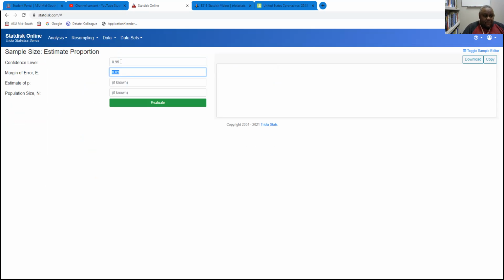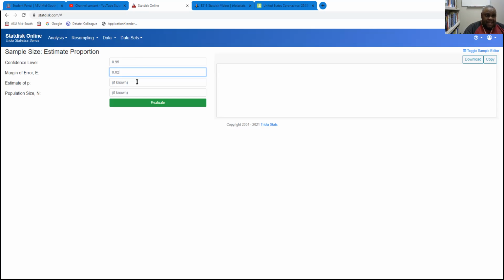And then for the margin of error, it says 2 percentage points. Think about this: 2% as a decimal would be 2 divided by 100, or 0.02. So we need to change this to 0.02.